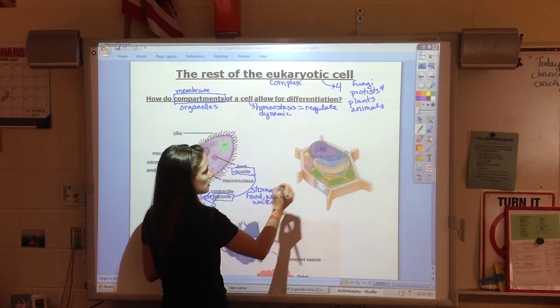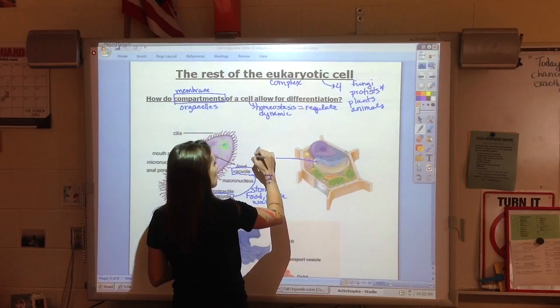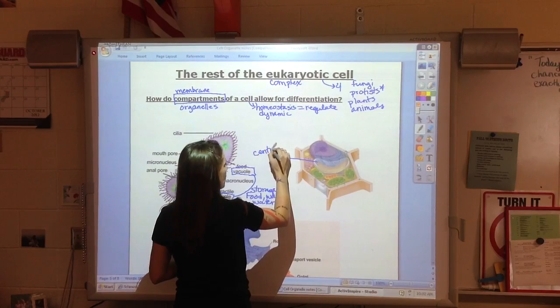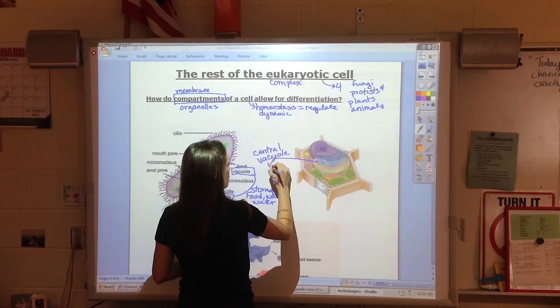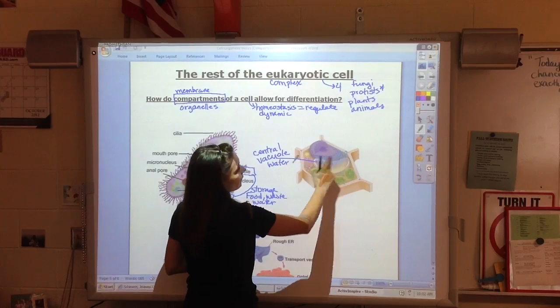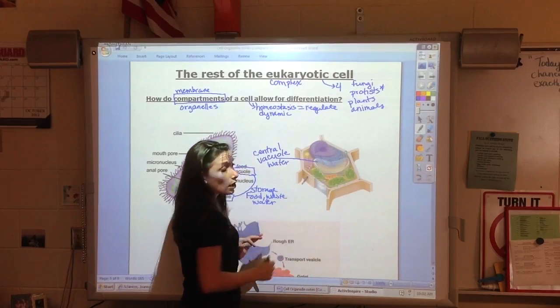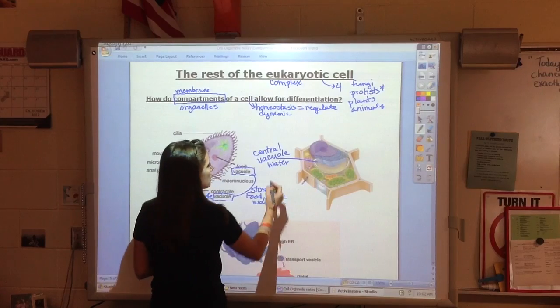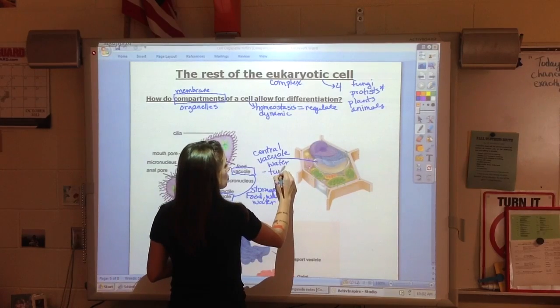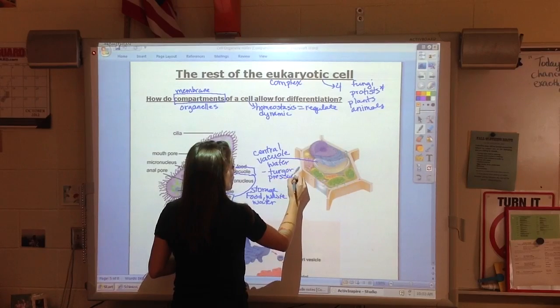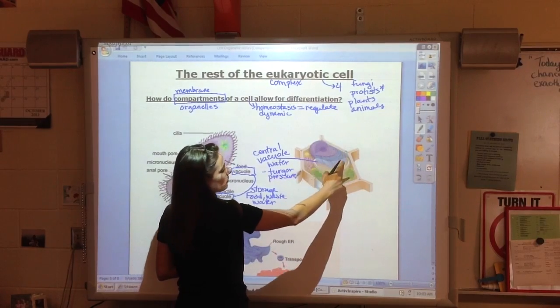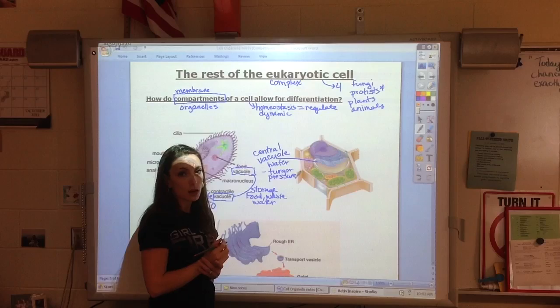One of the other things that we see in plant vacuoles is what's called the central vacuole. And this is going to be there to store water. It's very large in plant cells. And this is actually what creates turgor pressure, is the relationship between the vacuole and actually the cell wall.